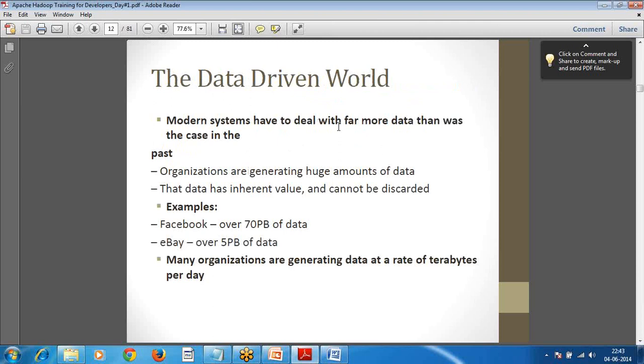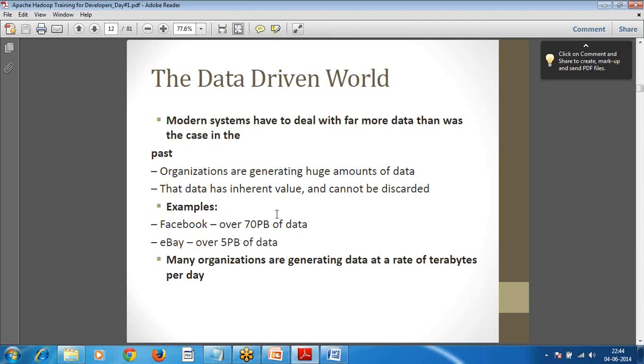So the same thing which I was trying to explain in the previous slide: the older distributed systems will be fine as long as the data size is not huge. We see in the examples here that Facebook is handling over 70 petabytes of data, and eBay has over 5 petabytes of data.